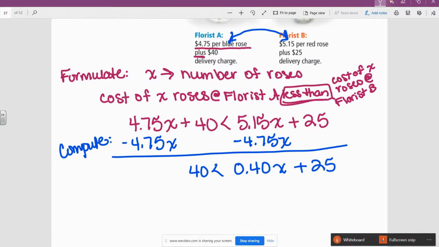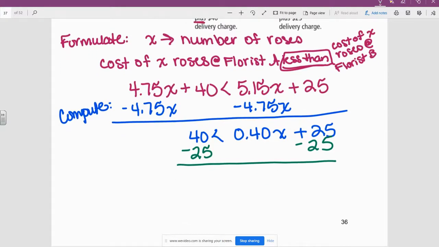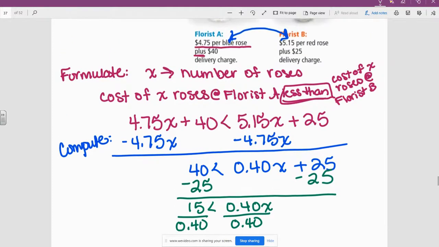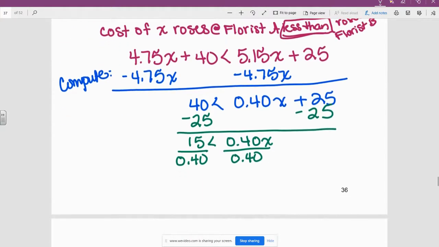Now I'm going to subtract the 25, the delivery fee. So 40 minus the 25 leaves me with 15 is less than 0.40x, and then divide by 40 cents here. And by the way, the 15 makes sense because that's the difference between the two delivery fees.